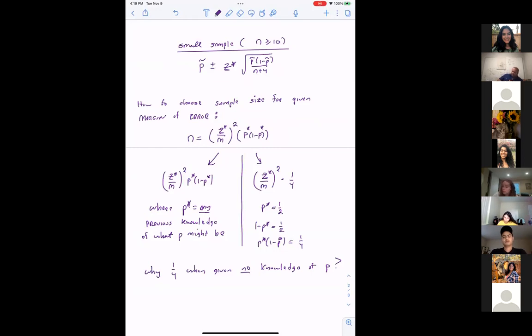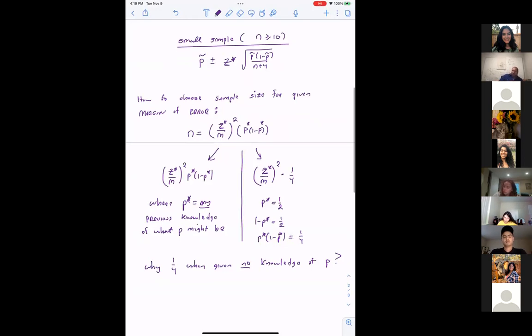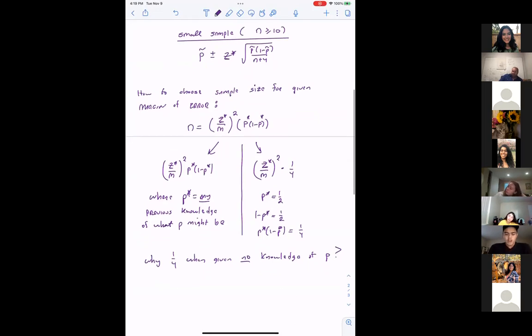Okay, so the question is why 1/4 when I have no given knowledge of P? So give me a possible value that P might be. Here, I'll give you one. If P is equal to 1/2, then what is P times 1 minus P equal to?